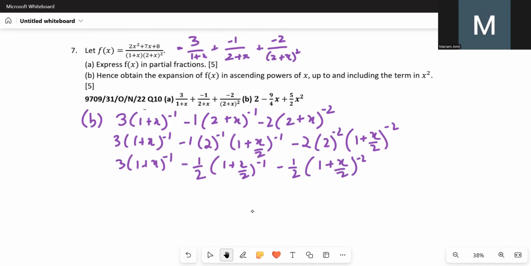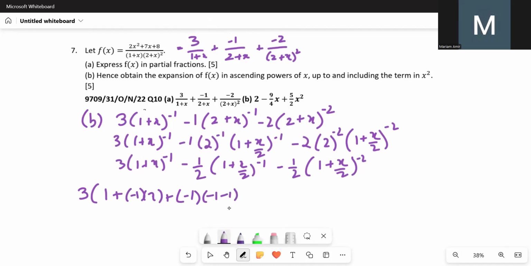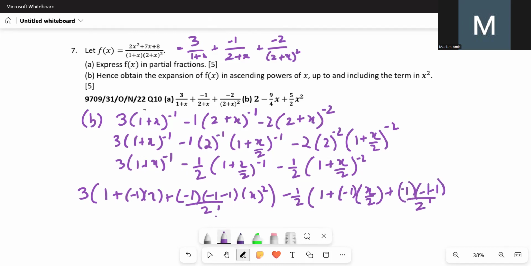We need to go till x squared. So 3 times (1 plus negative 1 times x) and then this bracket closes. Then negative half (1 plus minus 1 times x by 2 plus minus 1 upon 2 factorial times (x by 2) whole squared.